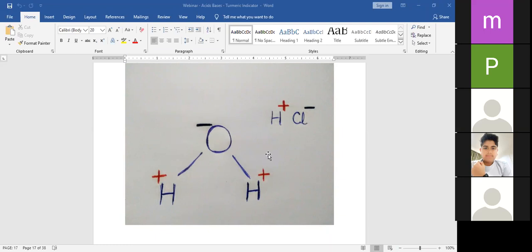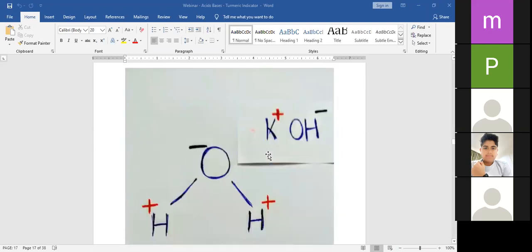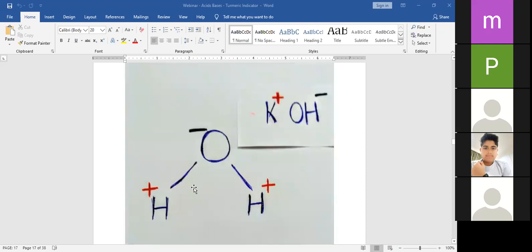Let's look at an example for that. Again, look at the structure of water. It is polar in nature. It has plus and minus. And look at this base, KOH. K plus will get attracted to the O minus of the water. And what is remaining? OH minus is remaining. Now what will OH minus do?